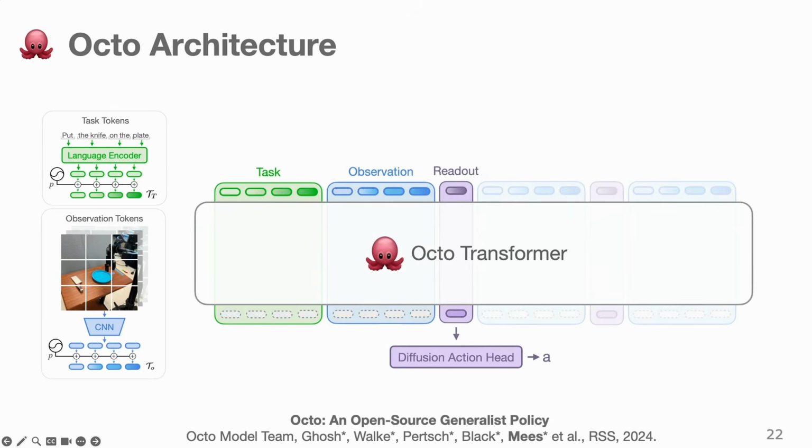All right, so we now have the task, observations, and the readout blocks. And then, because this is a sequential model, you run this over multiple time steps. And in our case, the functional heads were diffusion decoding heads, because we found in experiments that it really helped handle multimodal behavior much better than other ways.